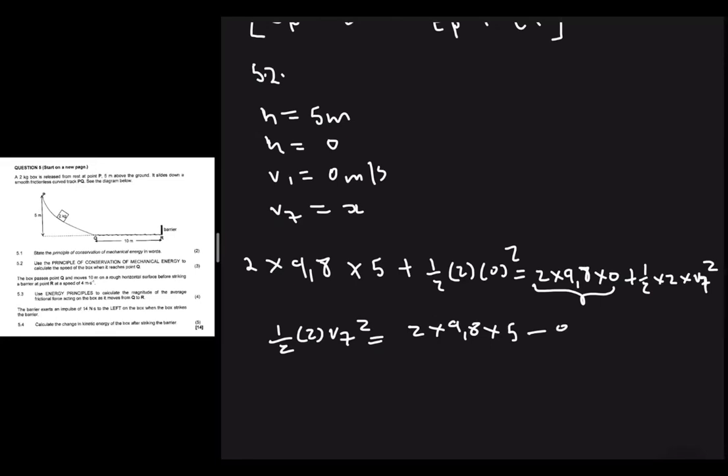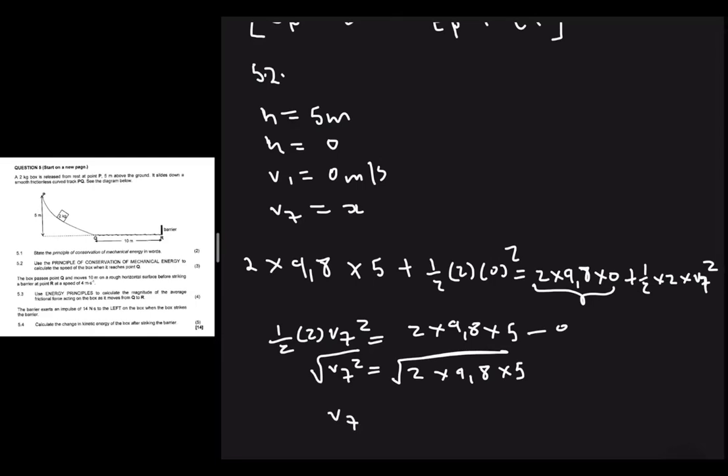The next step will be to divide both sides by 1 over 2 multiplied by 2, which is just 1, because 2 multiplied by 1 over 2 is just 1. So VF squared equals 2 multiplied by 9,8 multiplied by 5. We take the square root on both sides: the square root of VF squared equals the square root of 2 multiplied by 9,8 multiplied by 5.